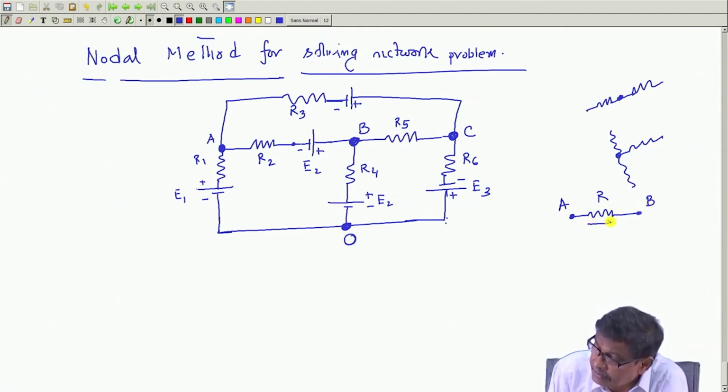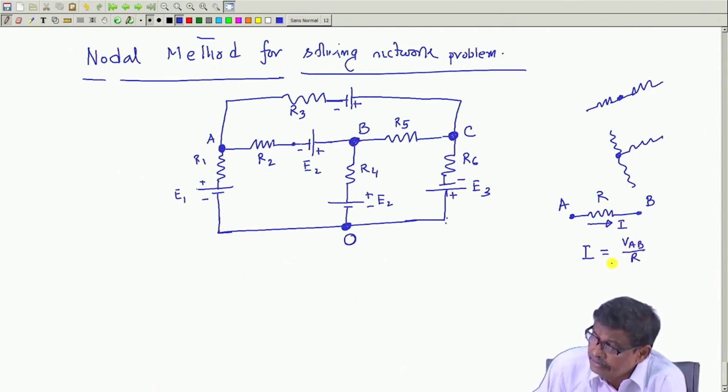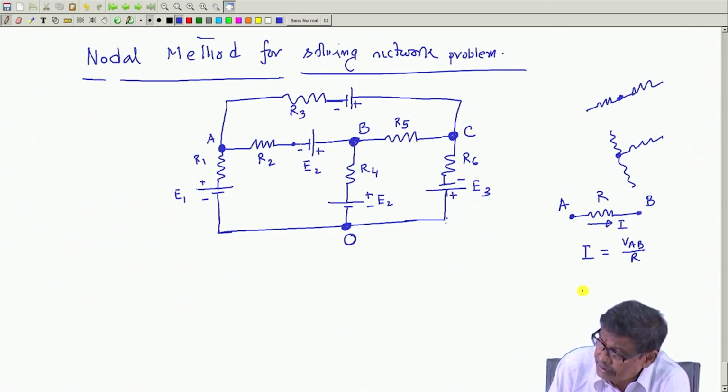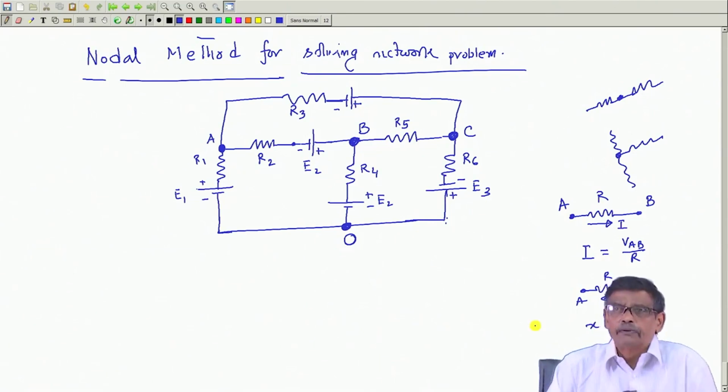If you say current is flowing from A to B, which is what you have assumed, then I must write I is equal to the potential of A with respect to B divided by R. The same thing, with the same R and A, B points, if you assume the current in the other direction, you should write the current as V_BA by R. You must understand this point.